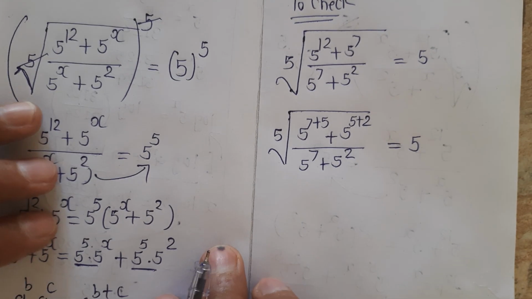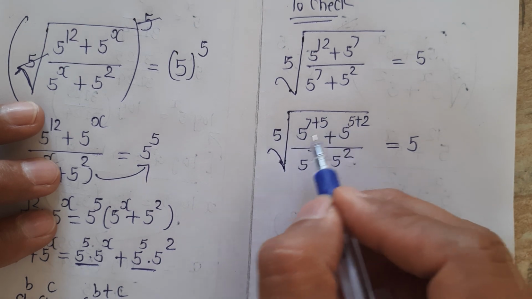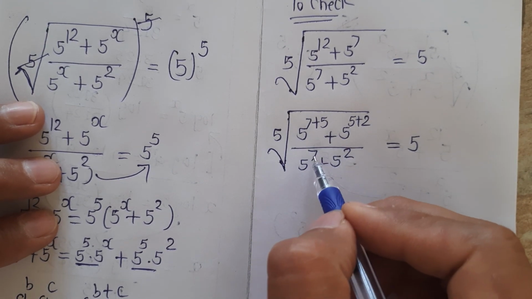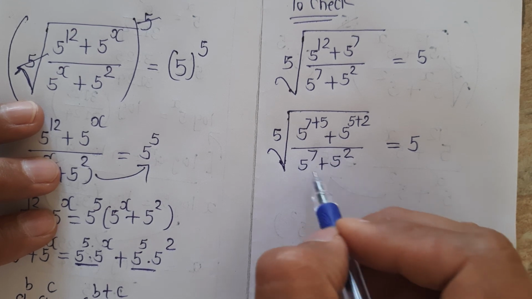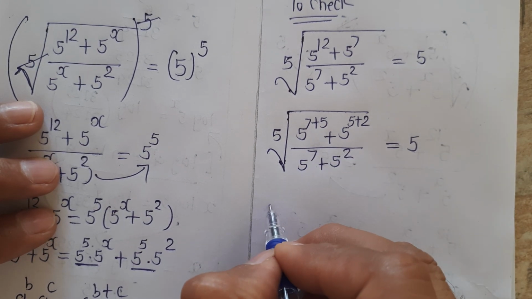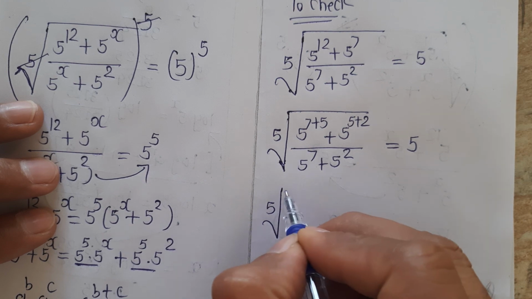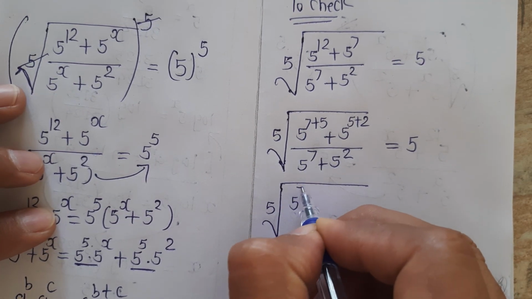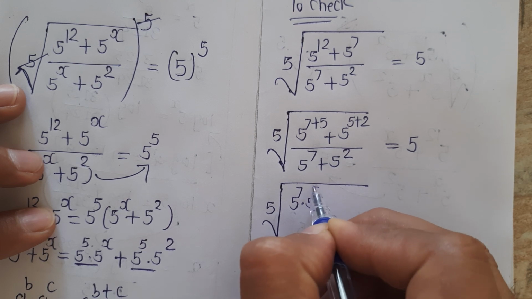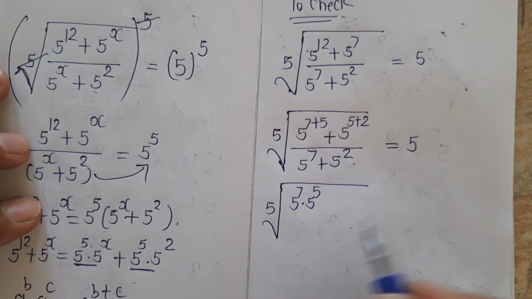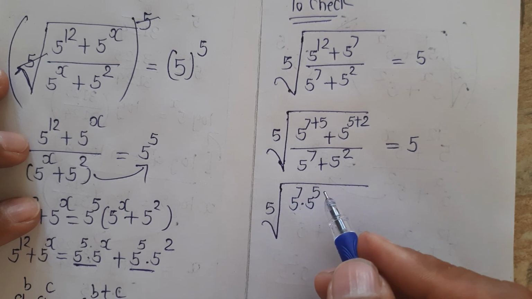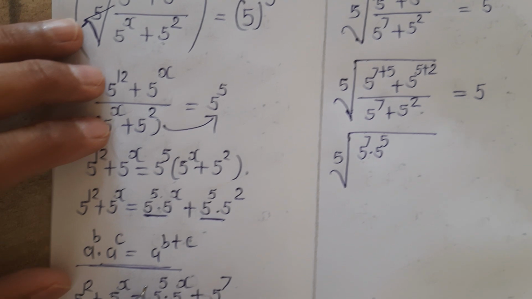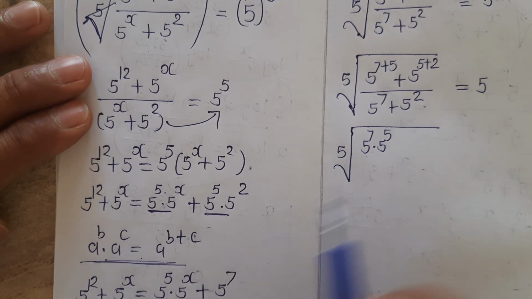Now under the fifth root, we can make it like the denominator, right? So how? Let's make it. Here 5 raised to 7 plus 5, we can write as 5 raised to 5 into 5 raised to 7, because here we have applied a formula. Which formula have we applied? We have applied this formula over here.